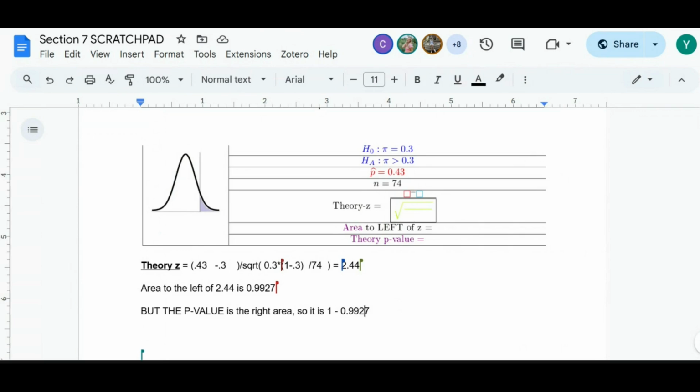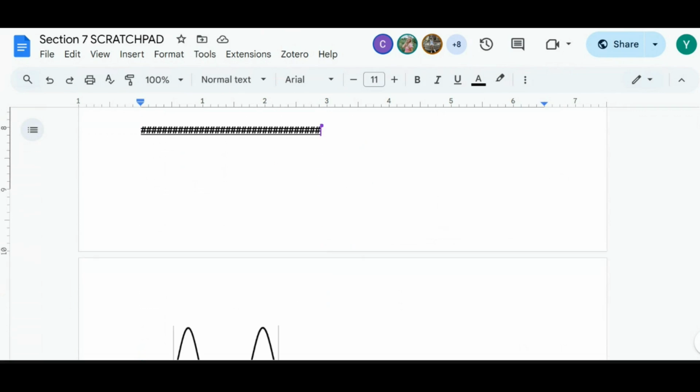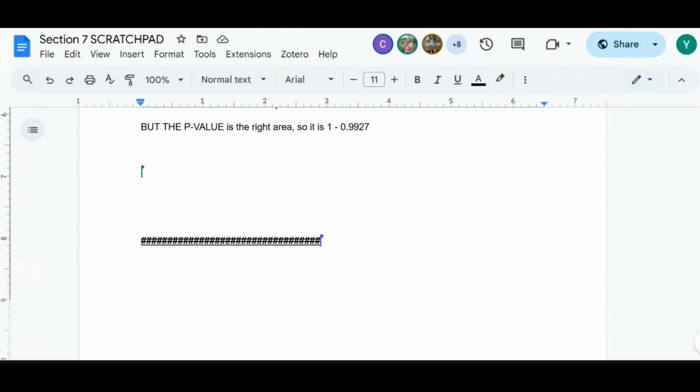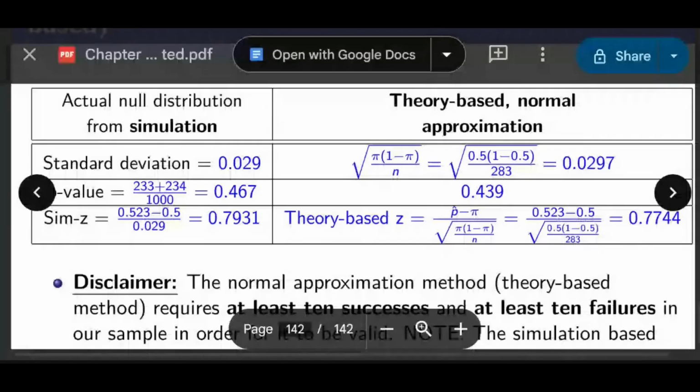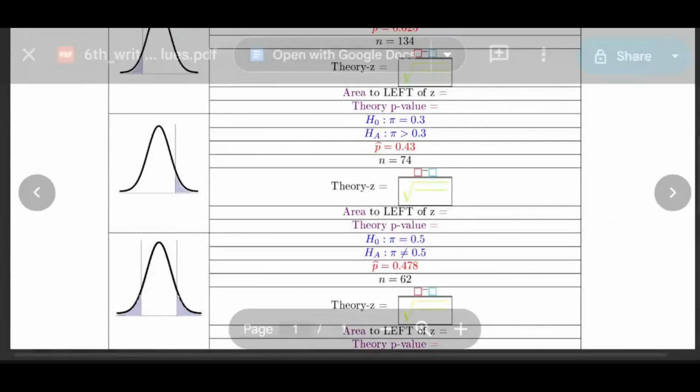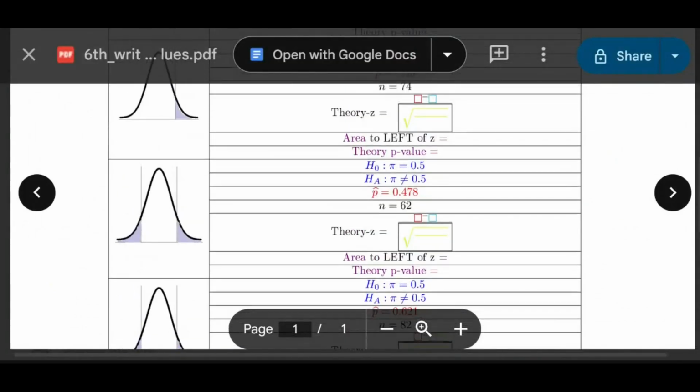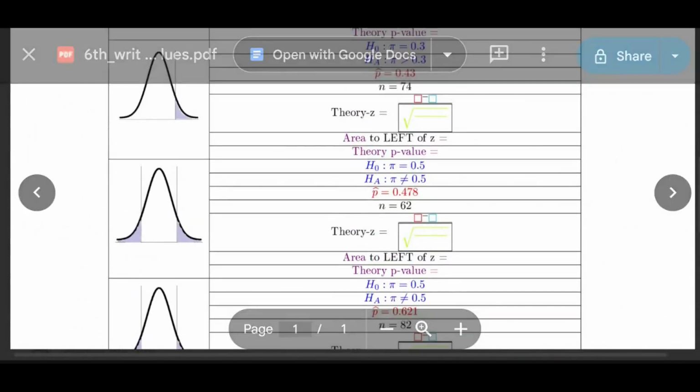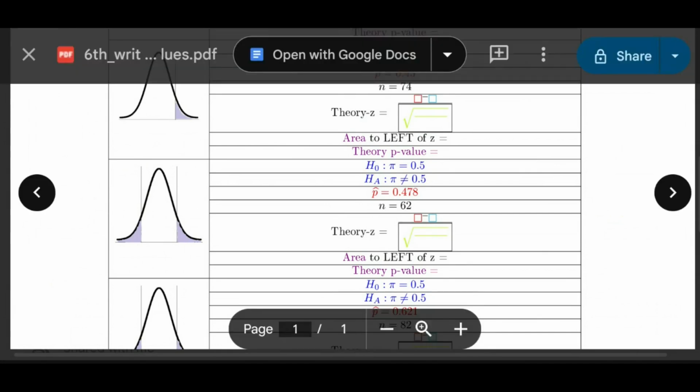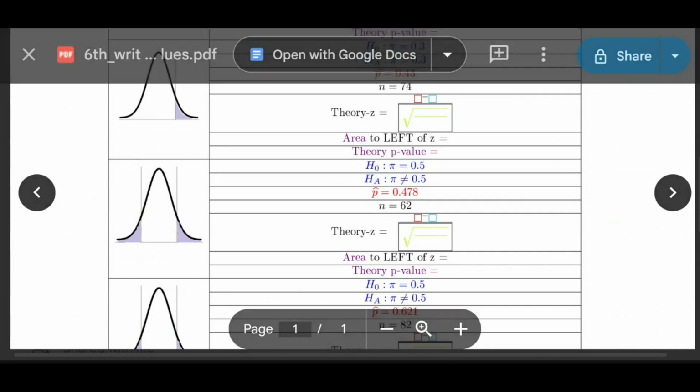Good. Let's do some more. Here's the two-tailed example. Okay. Here's a two-tailed example. Let me screenshot this. Okay, and I'll paste this on Scratchpad again.